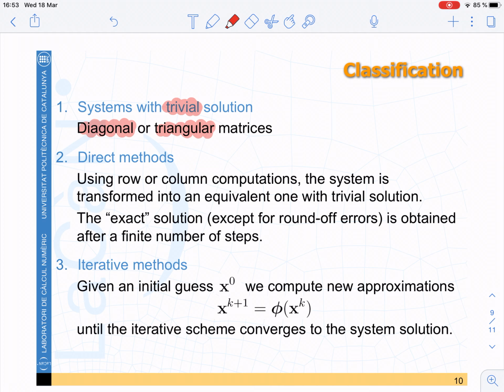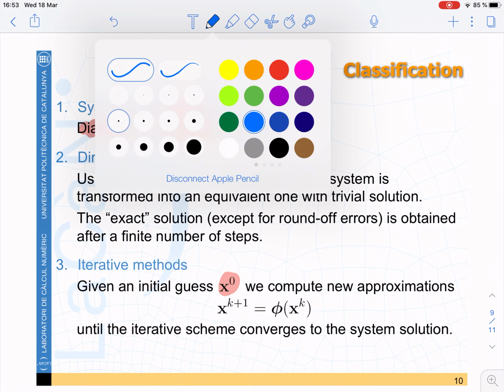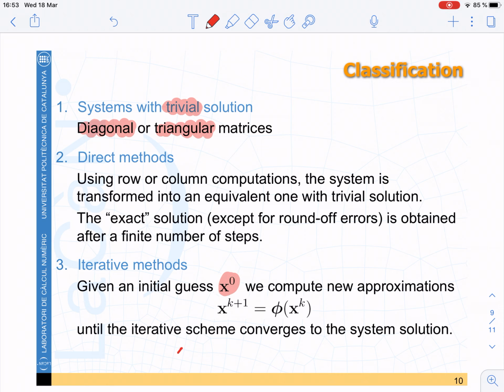That is, methods where we start with an initial guess of the solution and then compute a sequence of approximations. So starting from x0, we compute x1, x2, x3, a sequence of solutions that will hopefully converge to the solution x star of the linear system.